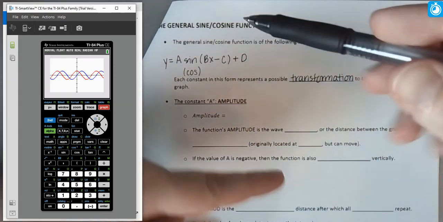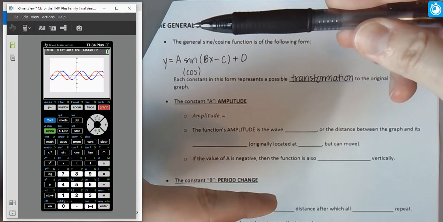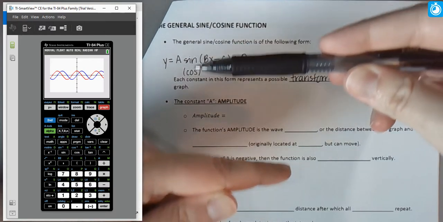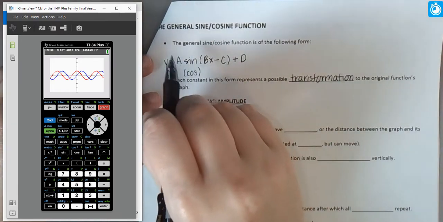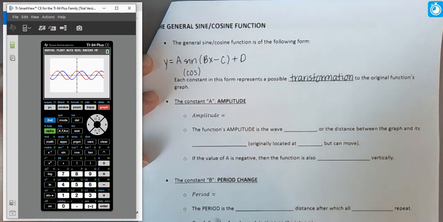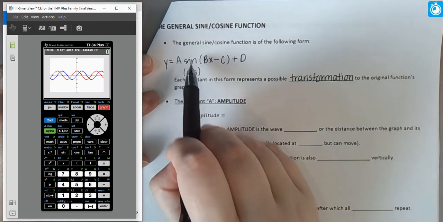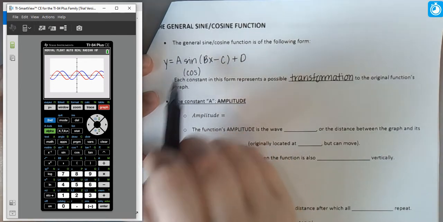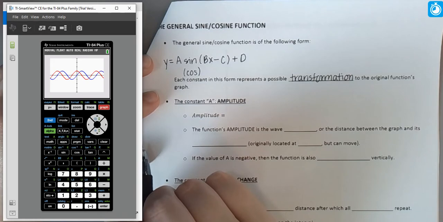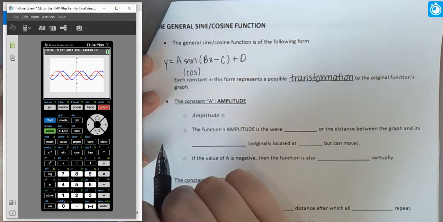In other words, we're going to stretch it vertically away from the x-axis, or compress it vertically towards the x-axis, depending upon the value for a. We're going to see the same kind of behavior when we look at a trigonometric function, but we have a different name other than vertical stretch or shrink to represent what's happening to this graph.